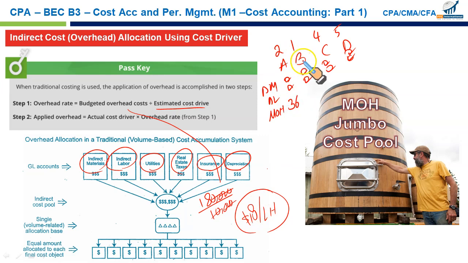Item B takes 1 hour, 1 times 18, so $18 worth of manufacturing overhead. Item C takes 4 hours, so it should carry $72. And item D, since it takes 5 labor hours, should be charged 5 times 18, $90. This is how we can calculate the cost of our production using the estimated rate.